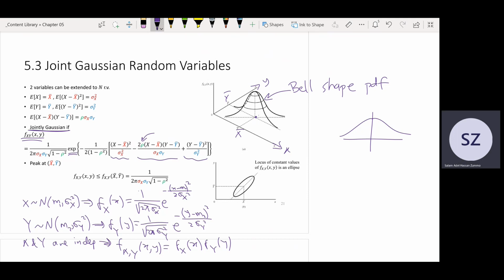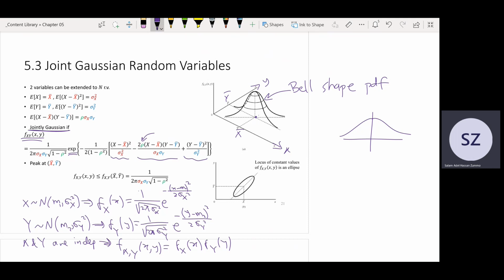Now if the variance of x is large compared to the variance of y, then this bell will be wide in the x direction and narrow in the y direction. Whereas if the variance of y is larger than x, it will be wide in the y direction and somewhat narrower in the x direction. Okay? Of course this is a 3-dimensional function that depends on x and y explicitly.